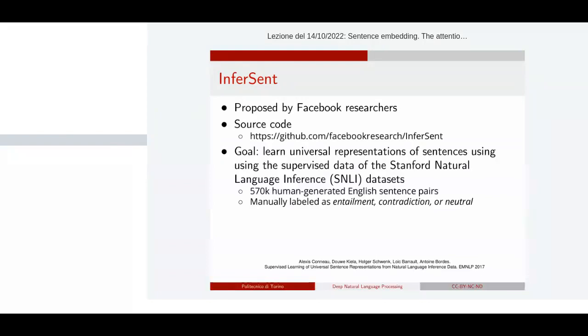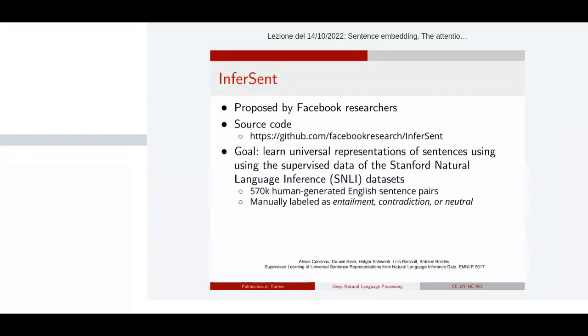This is not always the case, because in some particular context, you do have some hints on how the sentences are related to each other, especially on what is the direct relation. So one is the cause and the other is the effect, or one is the hypothesis and the other is the verification. And this is the case for InferSent, which is a supervised approach designed by Facebook researchers.